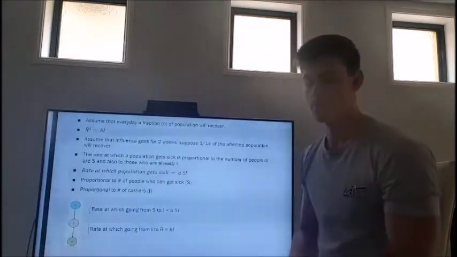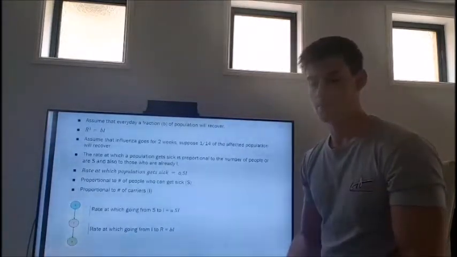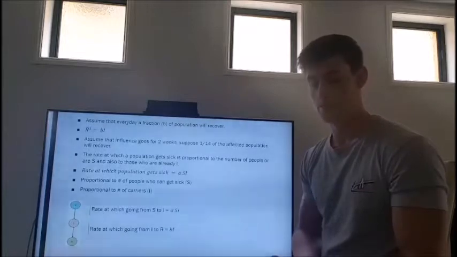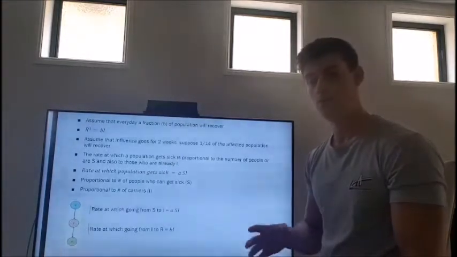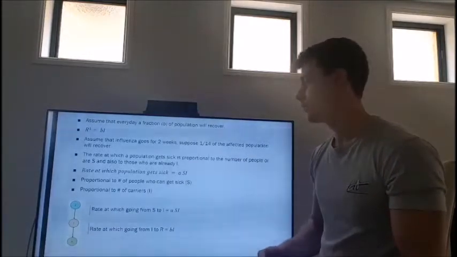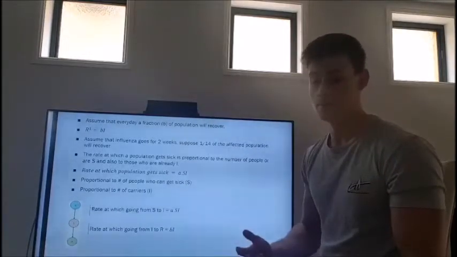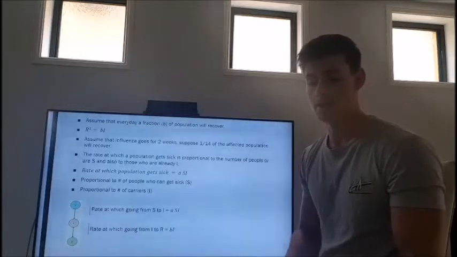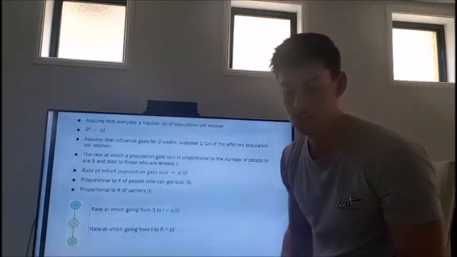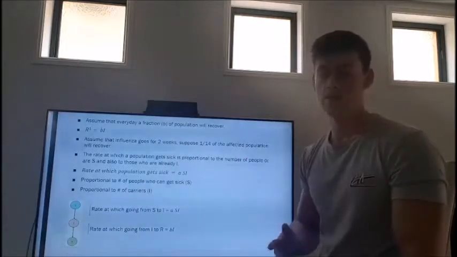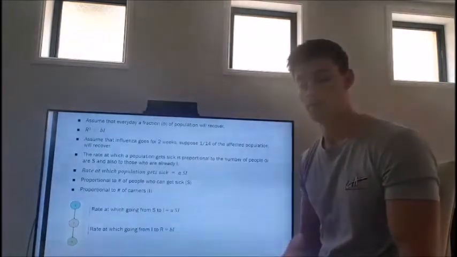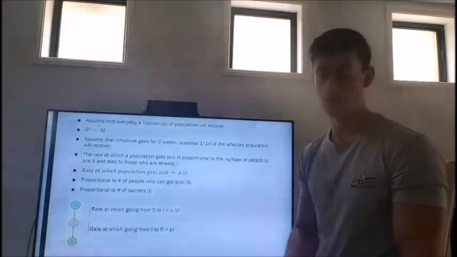We're going to assume that every day a fraction B of the infected population will always recover. We can represent this with R prime equals B times I. And if we assume that the influenza runs for 2 weeks, we can suppose that every day 1/14 of the affected population will essentially recover.